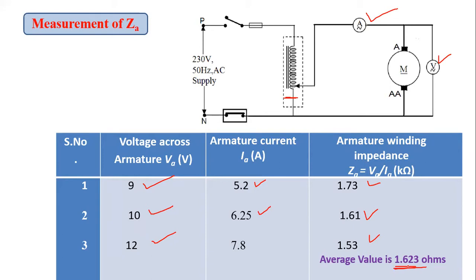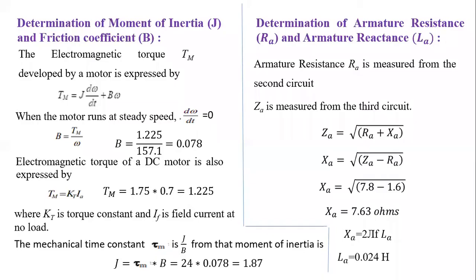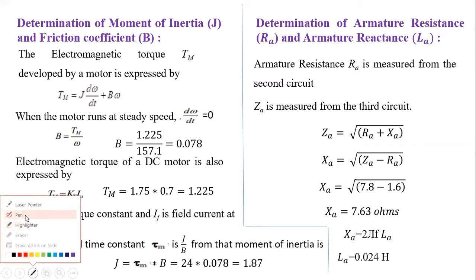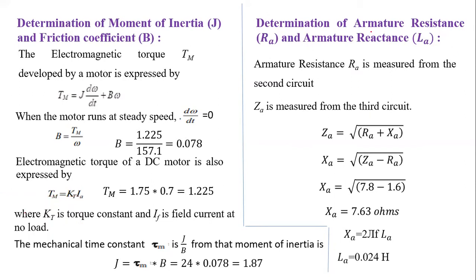Once you know the armature resistance RA, the armature reactance XA is not directly possible to find. Previously we found RA and ZA. Once you know these two parameters, you can identify the reactance XA.